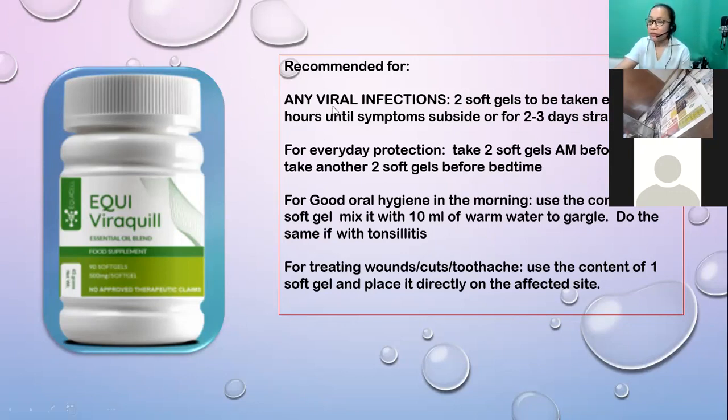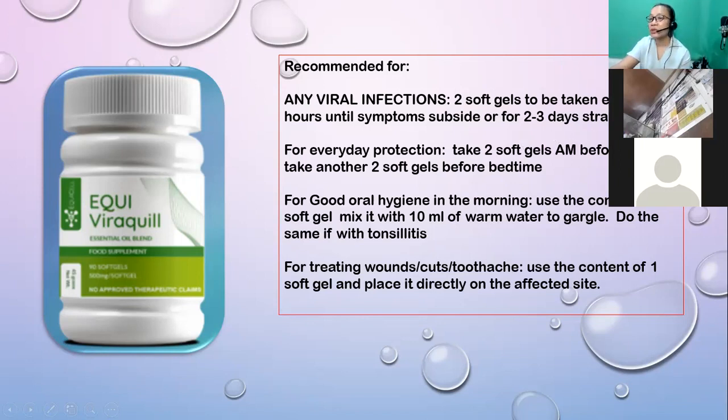So if you have encountered viral infections, HIV, COVID, ano pa, chickenpox, okay, kung wala kayong vaccine ng chickenpox before, okay, you need to take 2 soft gels every 4 to 6 hours until symptoms subside, or at least 2 to 3 days straight.